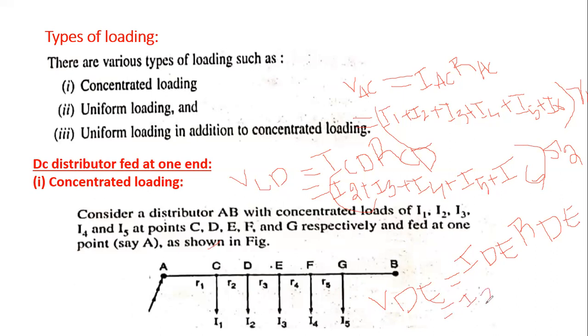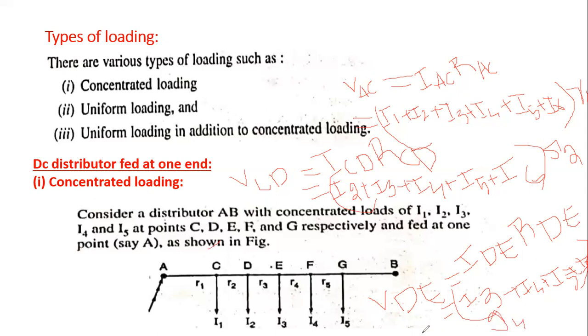I3 plus I4 plus I5 plus I6 into RD. What is the value for that resistance? That is R4.